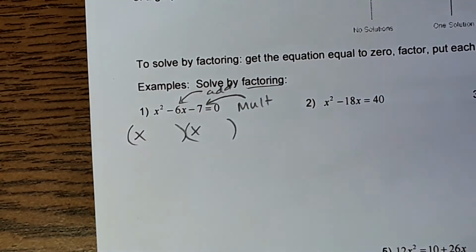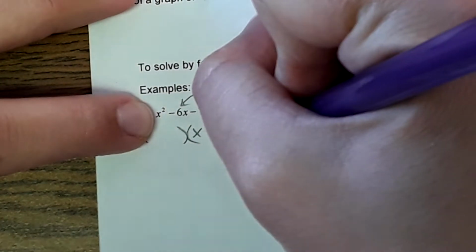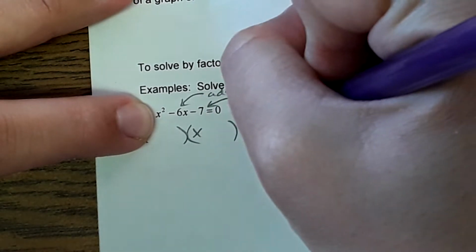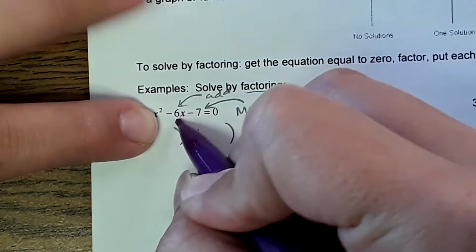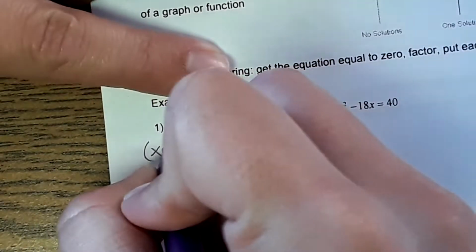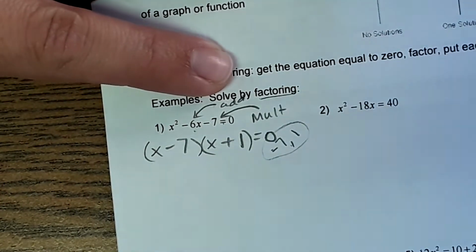Like 1 and 7. So -7 and 1 would add to -6 and multiply to -7. So then we'll use these two factors here, and this equals 0.